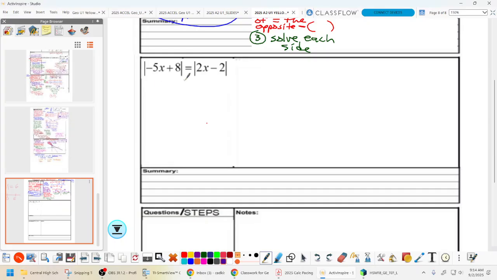So we're going to split this, just drop off both absolute values. Actually, let's draw the arrows to split it first, because that's really what we're doing. So positive and opposite. Negative 5x plus 8 equals, how do we make this the opposite of what it is?